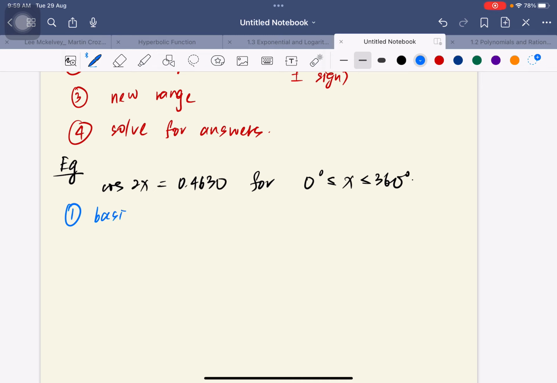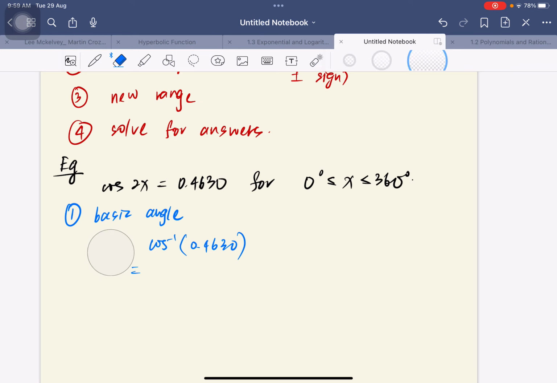With this we can start our first step, which is to look for the basic angle. That means we do inverse cosine because we are trying to look for 2x now. So 2x equals cos inverse 0.4630. You can evaluate using a calculator: shift cos 0.4630.